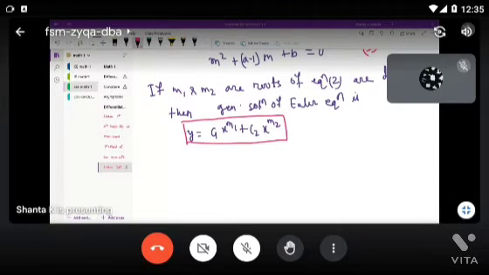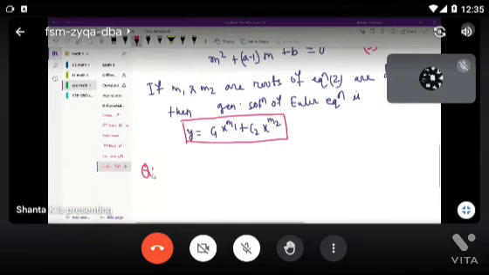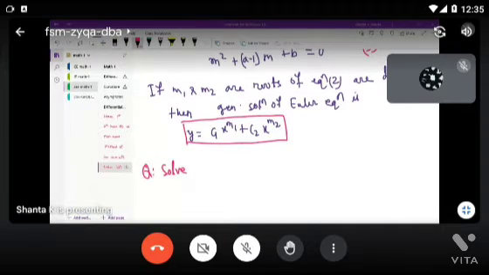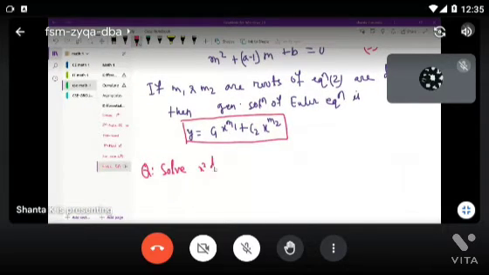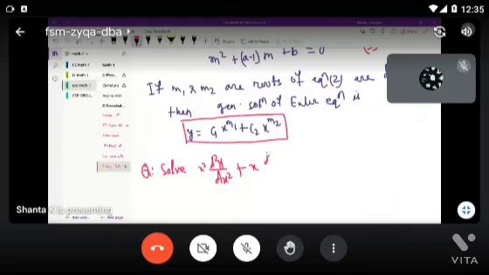Now, one example let me do. We have already done so many problems, so try and do it.